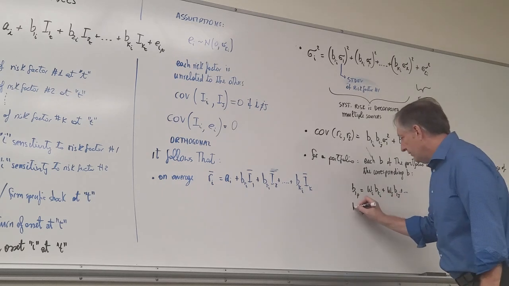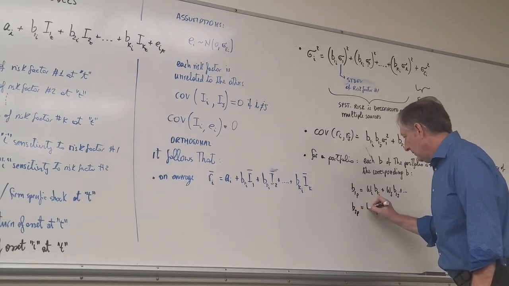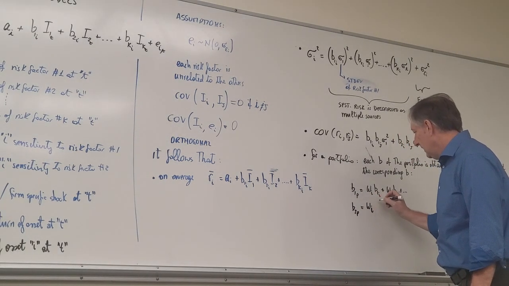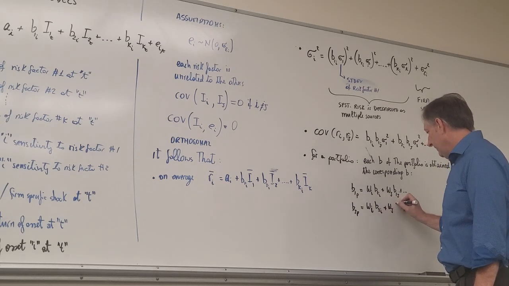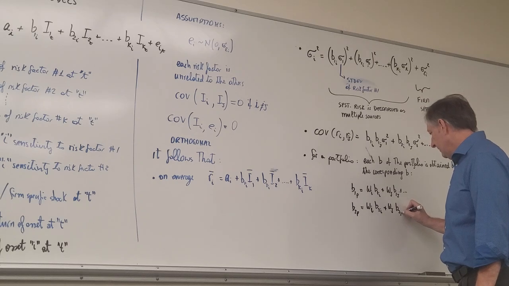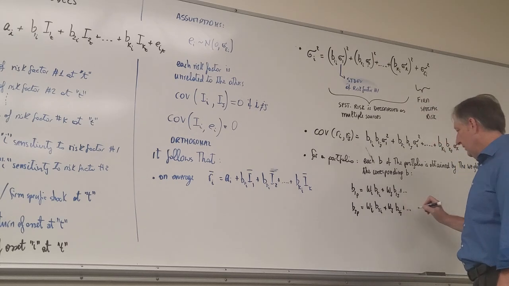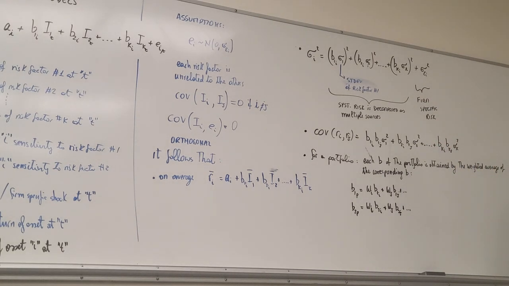The beta 2 of the portfolio is the weight of asset I times beta 2 of I, plus the weight of J times beta 2 of J. And you continue like that for each of the assets in the portfolio. So you repeat this calculation for each of the risk factors. Questions?